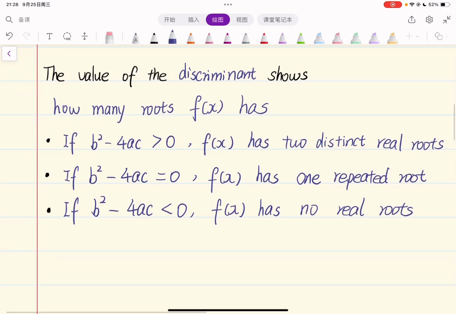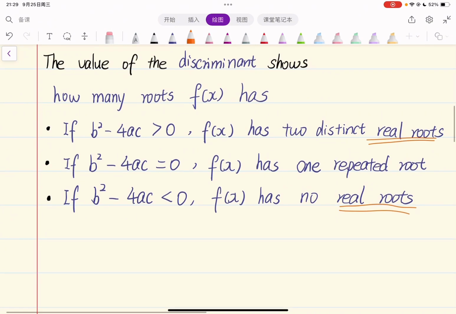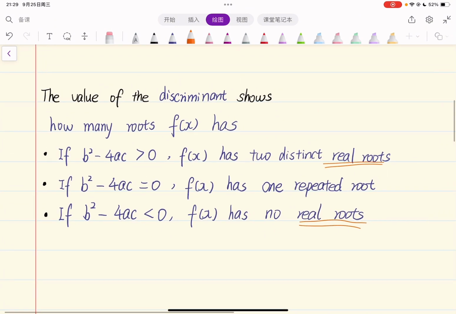You must remember that we are talking about real numbers. We always talk about real numbers in the current study. In future study, you will learn about imaginary roots and imaginary numbers, which will be discussed later. For this lesson, we only discuss real roots and real numbers.